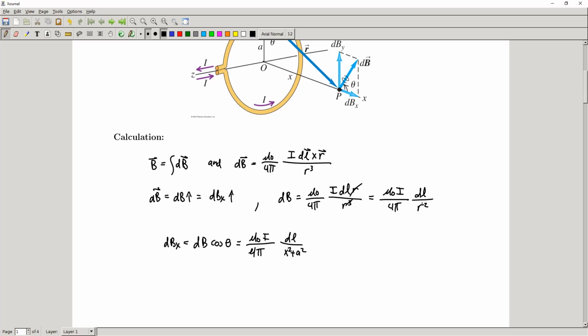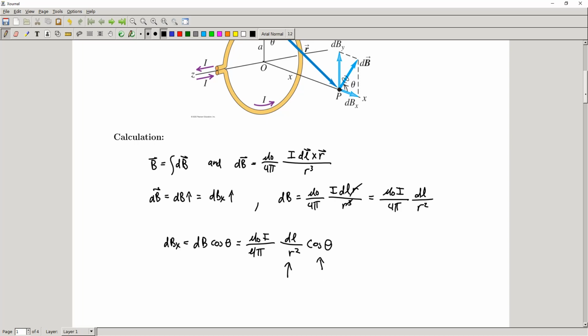Oh, did I talk about the length of r? I did not. Actually, before I make that simplification, let me write it down one more time like this. Then we're going to have cos theta here. But we want to write r in terms of a and x, and we want to write cos theta in terms of a and x.